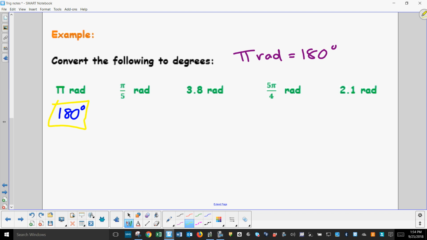Interestingly, pi over 5 radians. If you had to show a little bit of working out, what could you do? Yeah, exactly. 180 divided by 5. Because pi radians is 180 degrees, pi over 5 radians will be just 180 over 5, which equals 36 degrees.